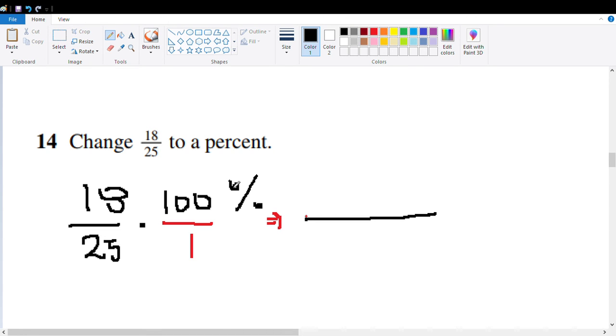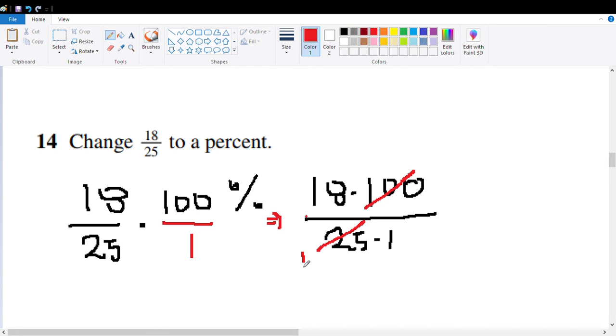We can combine that into one fraction. 18 times 100 on the top and 25 times 1 on the bottom. Now, is there any common factor we can simplify? Any numbers we can simplify? Yes, we can. 25 is 1 and 100 is 4.